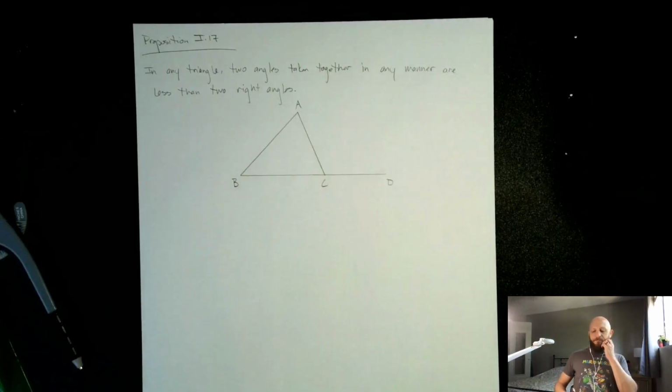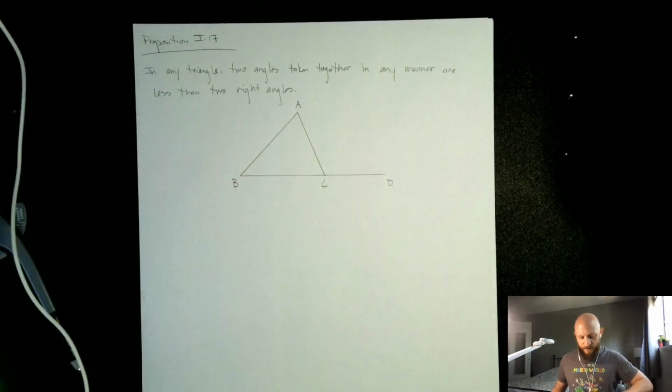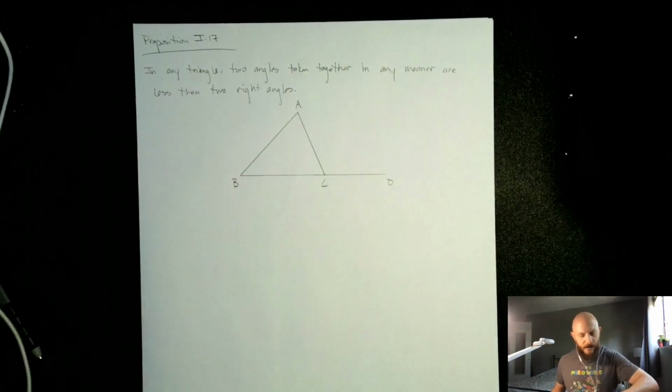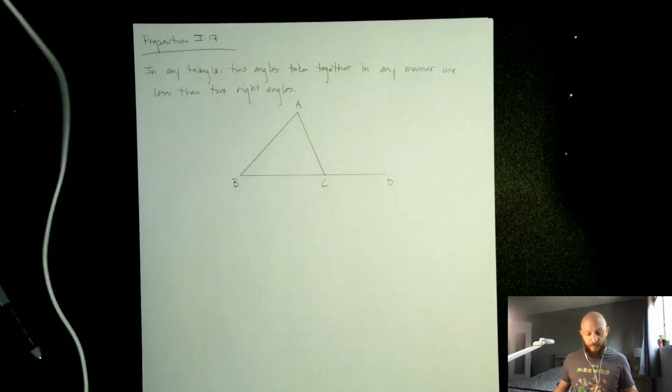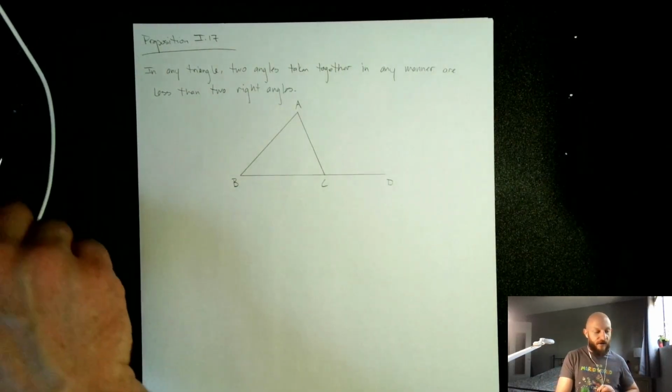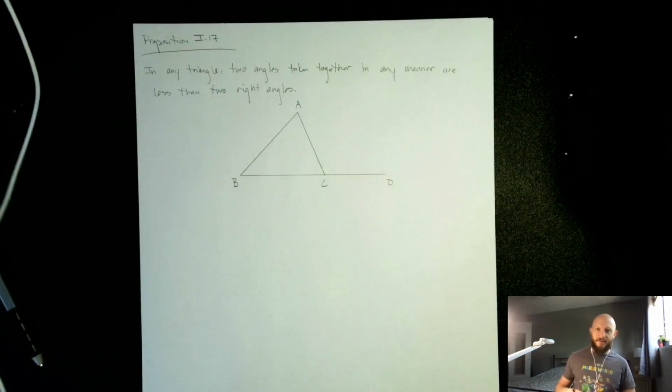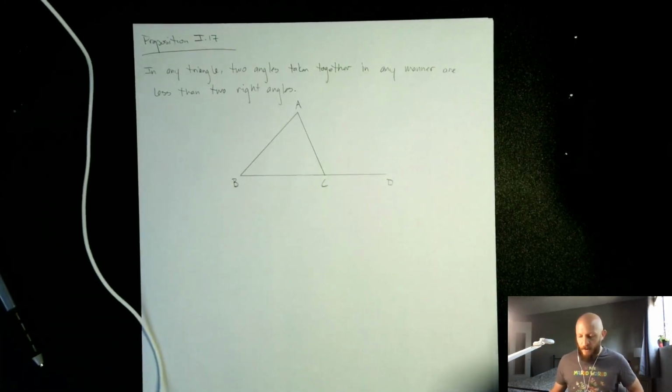So, let's jump in and prove this proposition, which, without looking ahead, I imagine is going to be quite important when we want to prove that the internal sum of the angles of a triangle is 180 degrees. So here's our triangle.